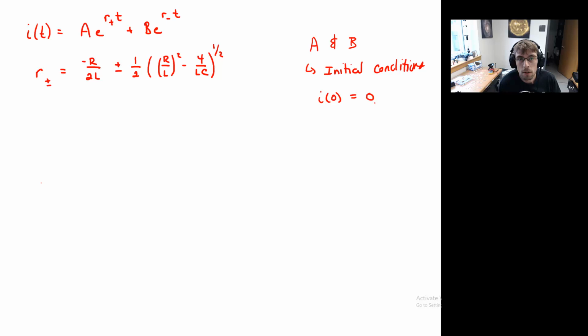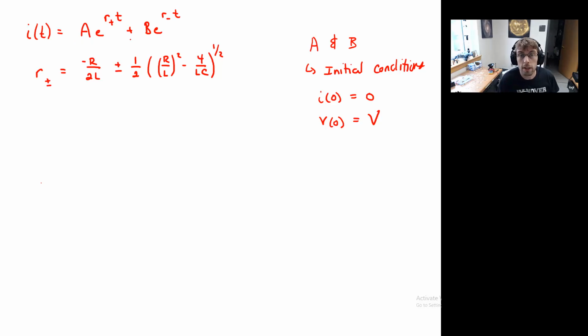Or having the potential drop at 0 being equal to V across the inductor, for example. We'll not worry about that right now. We'll see when we're solving additional problems, or maybe at the end we'll go back and get those A and Bs.